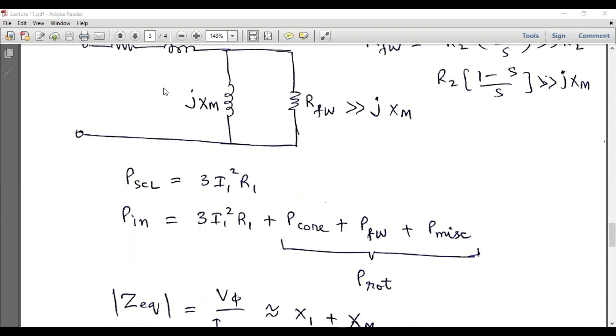So the total input power which is consumed by the motor will be given by a wattmeter which is connected over here, and we have also calculated this stator copper loss. And when we subtract the stator copper loss from this input power, we will get the collective rotational losses. So this no load test is helpful for calculating the stator copper loss and these rotational losses.